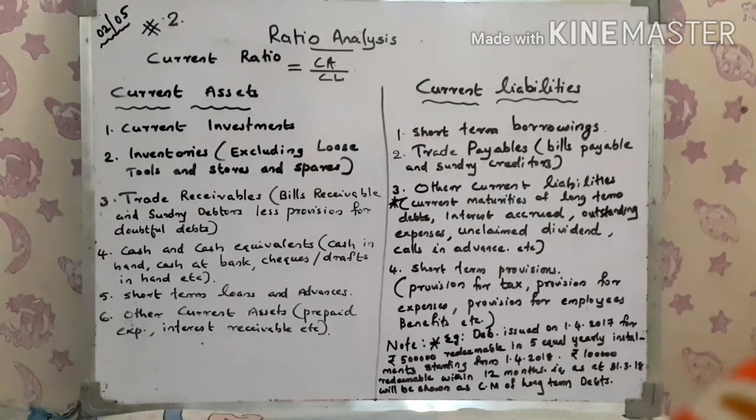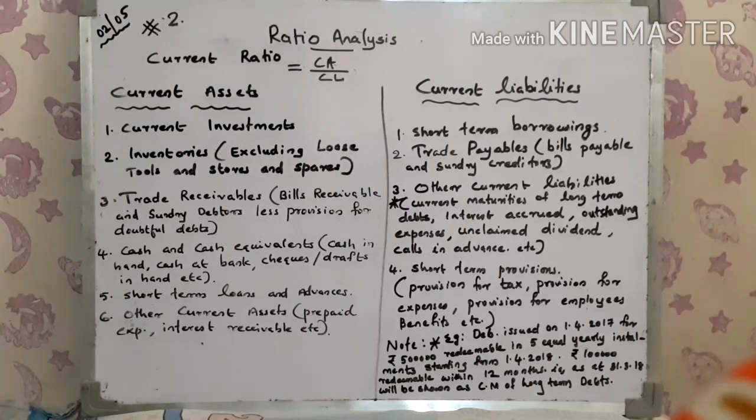Then third one is trade receivables. Trade receivables include bills receivable and sundry debtors, less provision for doubtful debts. Trade receivables means only bills receivable and sundry debtors, except the provision for doubtful debts.